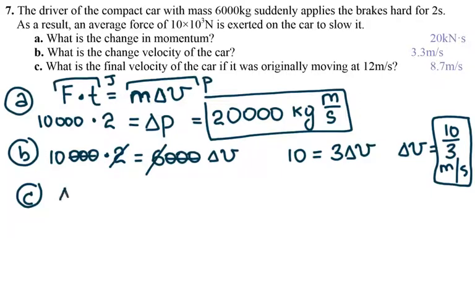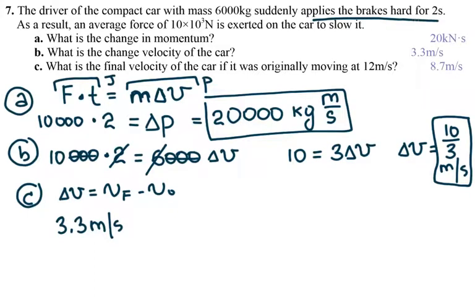So the change of the velocity is equal to the final velocity minus the initial velocity. So if the change is equal to 3.3 meters per second, and it is the braking force that was applied, I could write a negative right here. The force, I could write negative, and I would get the loss of the velocity right here, negative 3.3, equals the final.